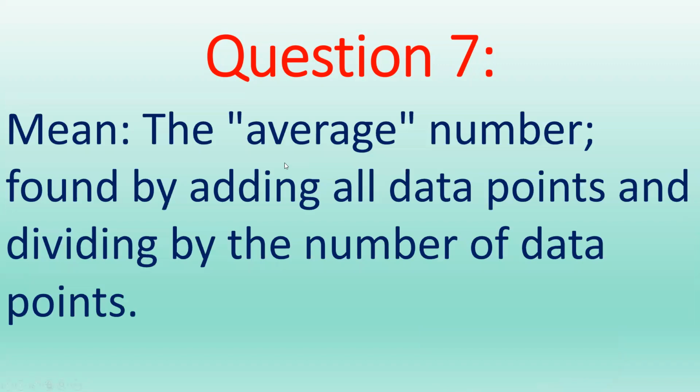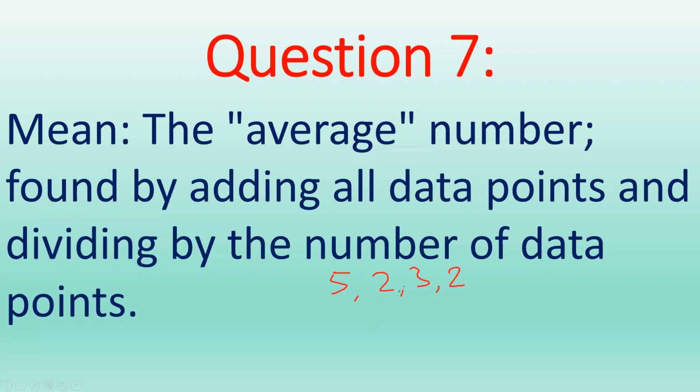Let's continue with the next slide. Mean: the average number found by adding all data points, all the numbers, and dividing by the number of data points. How many numbers do you have? Let's give an example. You have 5, 2, and 3, and let's give one more: 7, another 2, for example.